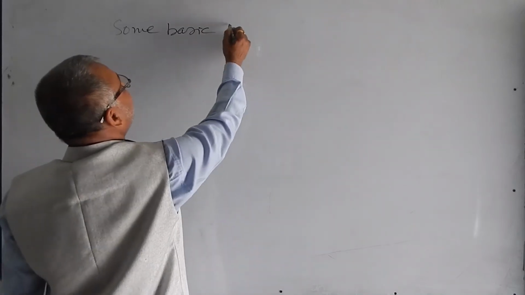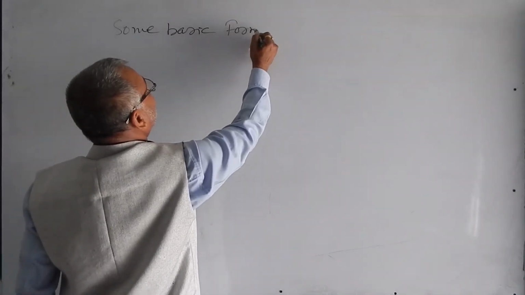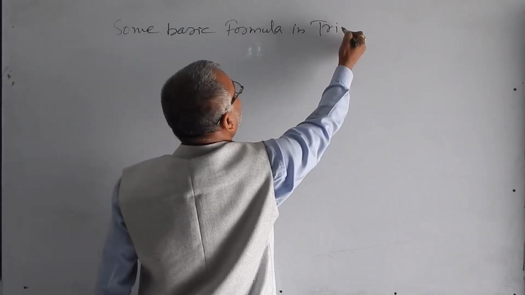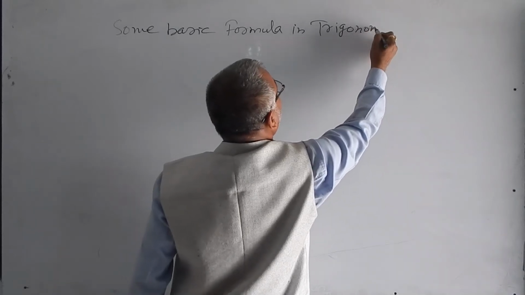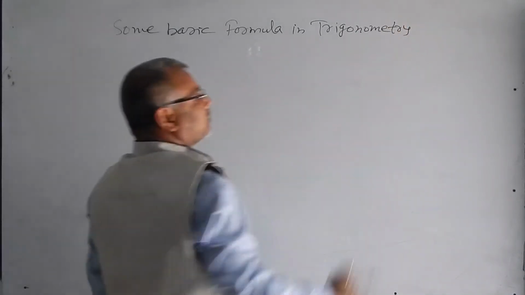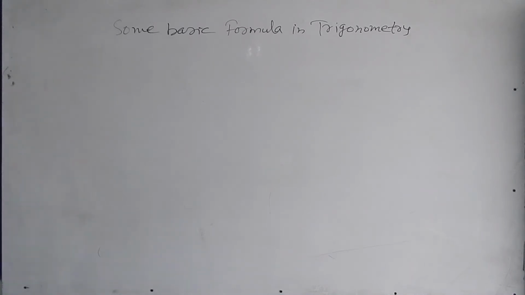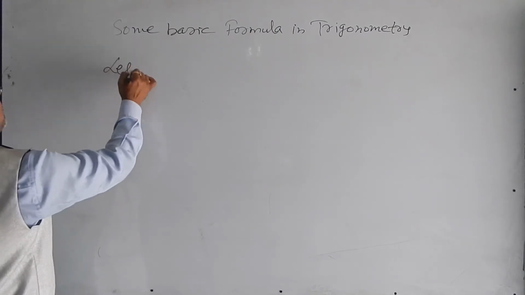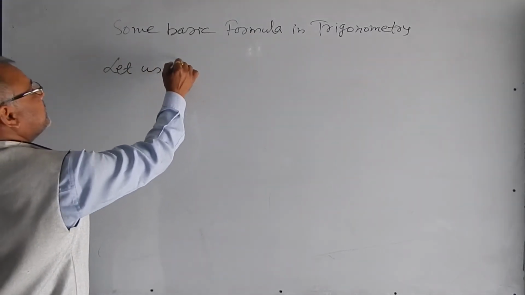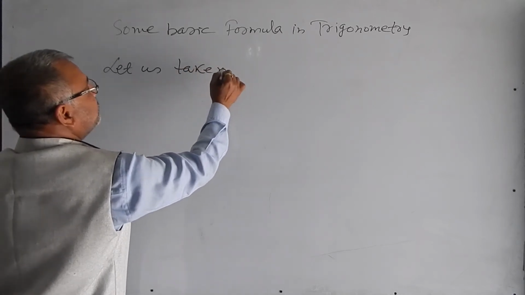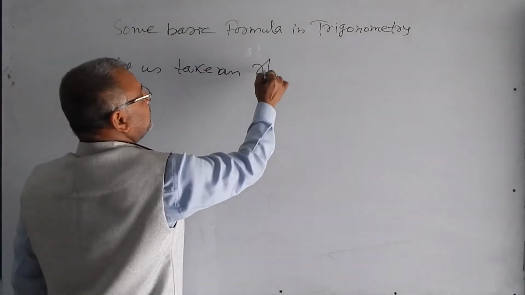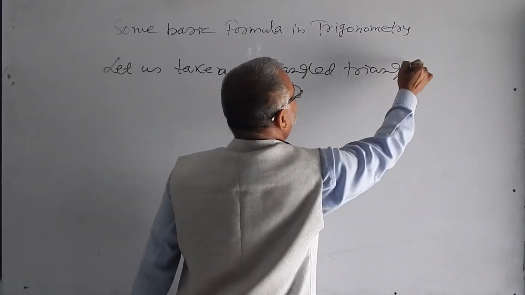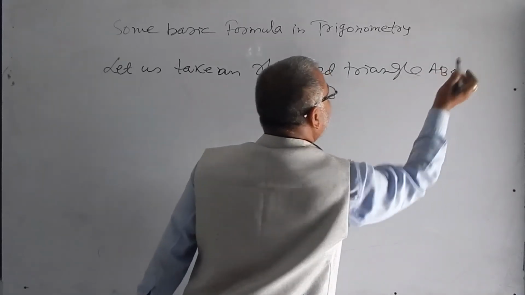Some basic formulas. Let us take a right angle triangle ABC.